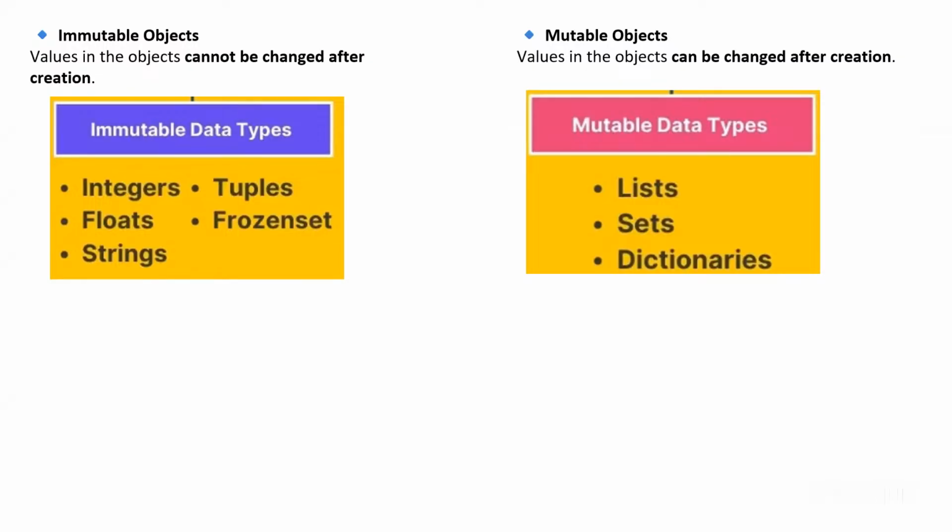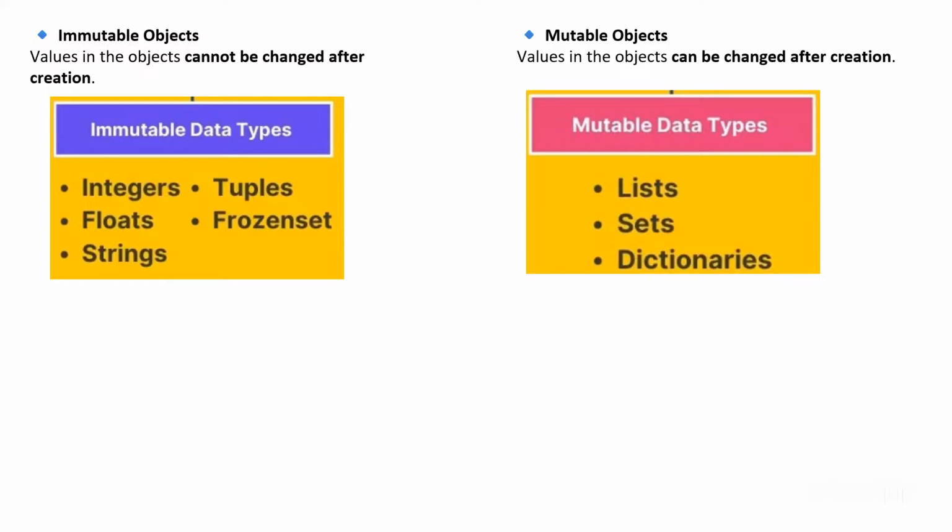By seeing this definition, the value can't be altered once it is assigned. Immutable means it cannot be changed. Mutable means it can be changed.